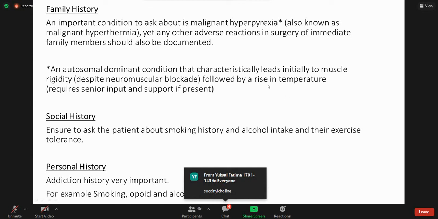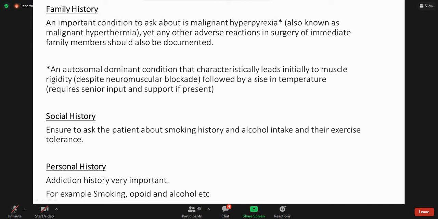So we will have to ask the appropriate family history of the patient. Is there any history of malignant hypothermia? Is there any history of increased body temperature during the surgery of the patient as well as his family members?